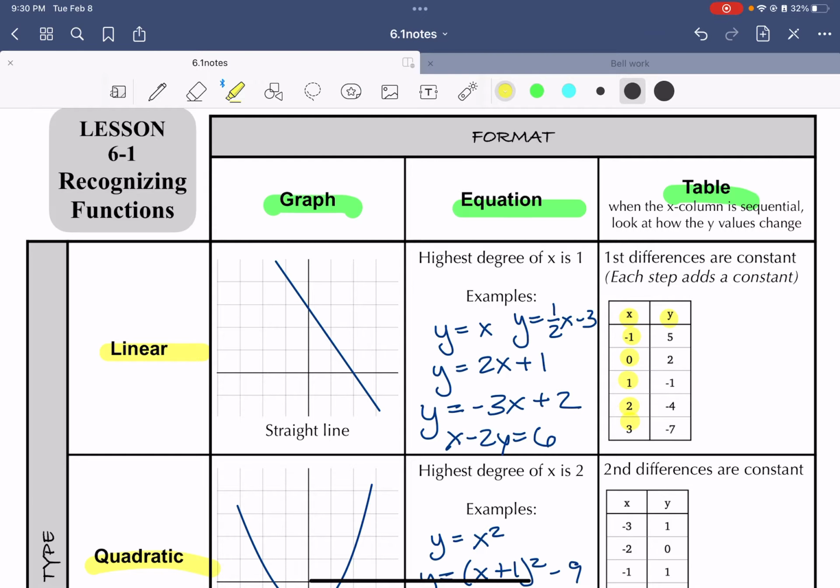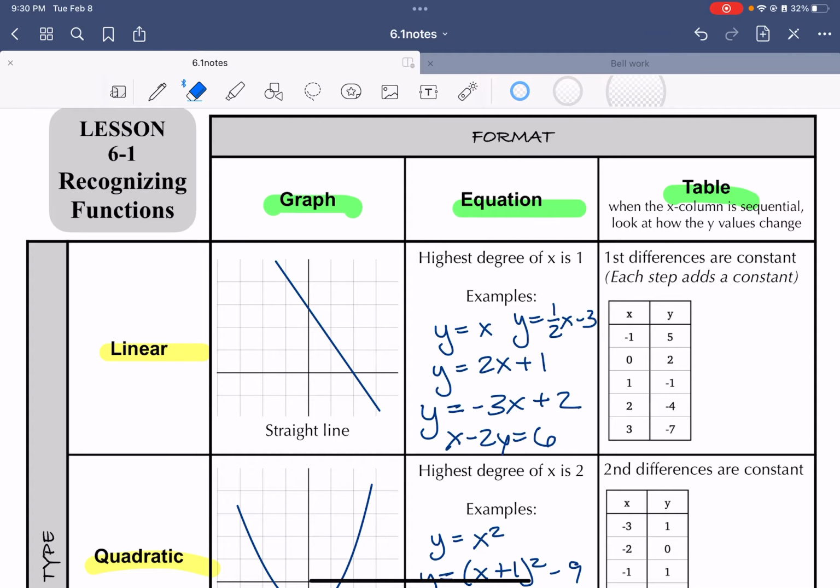So for example, right here, -1 plus 1 is 0, plus 1 is 1, plus 1 is 2, plus 1 is 3. So those are all in order, evenly spaced. If your x's are not evenly spaced like that, then these rules aren't going to work. The tables we're going to give you are going to be nice like that, but I just wanted to give that disclaimer that it does have to be even like that for this to work.